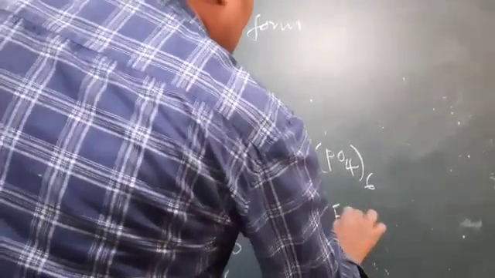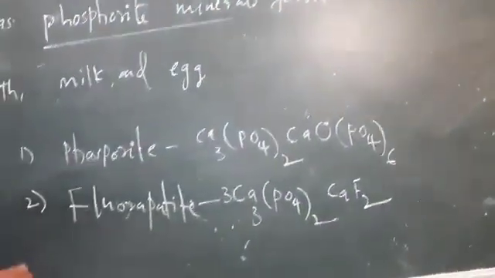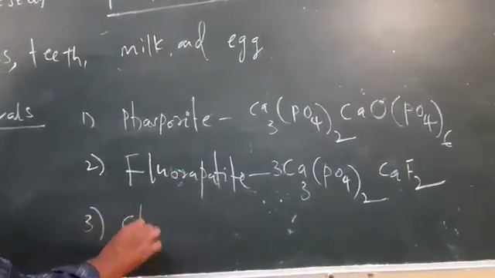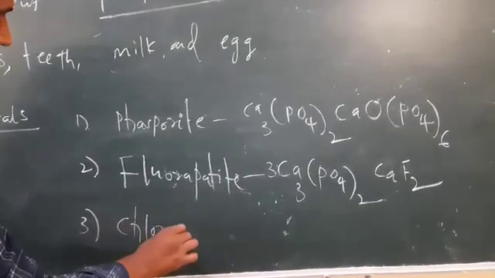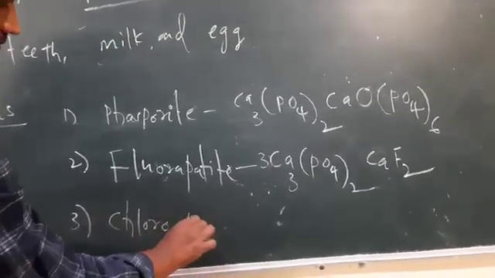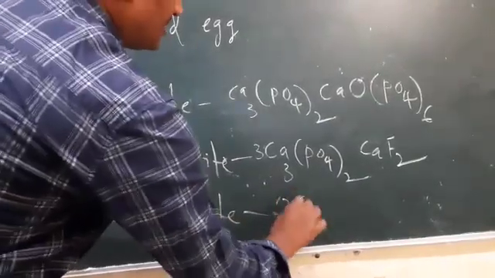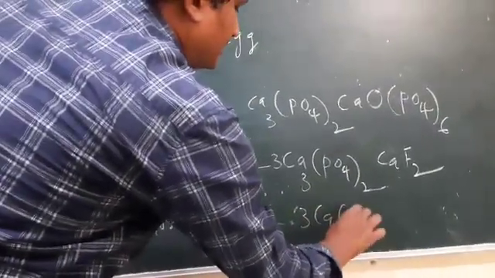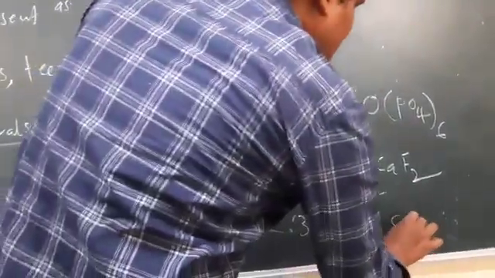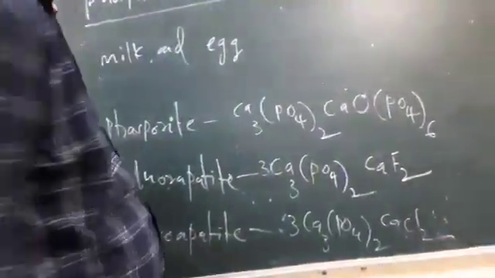Next, chlorapatite, formula: 3 moles of calcium phosphate with calcium chloride.